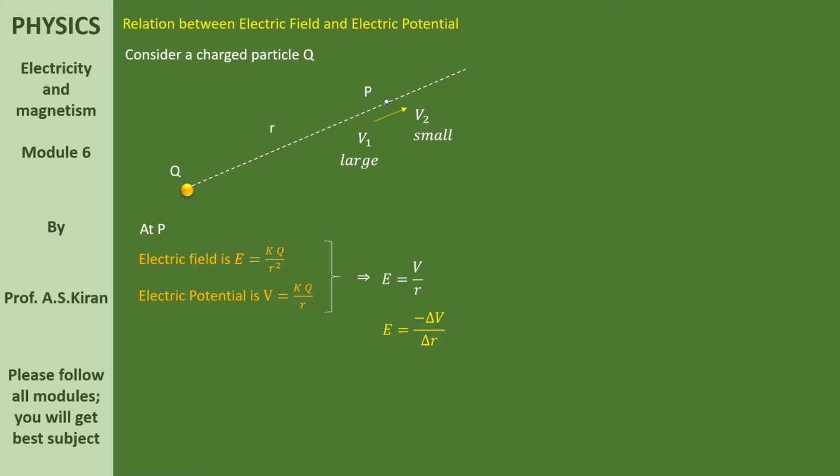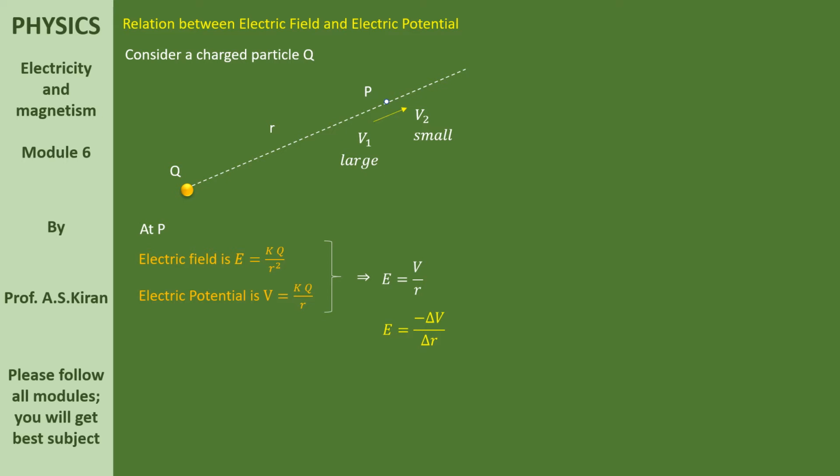Anyway, we already know that nearer to the charged particle the potential is large, and farther from the charged particle the potential is small. So obviously V1 is large, V2 is small. With this, one can understand that the electric field is in the direction of decrease in the potential. Please remember, it is a note. Why are we taking the electric field in that particular direction?